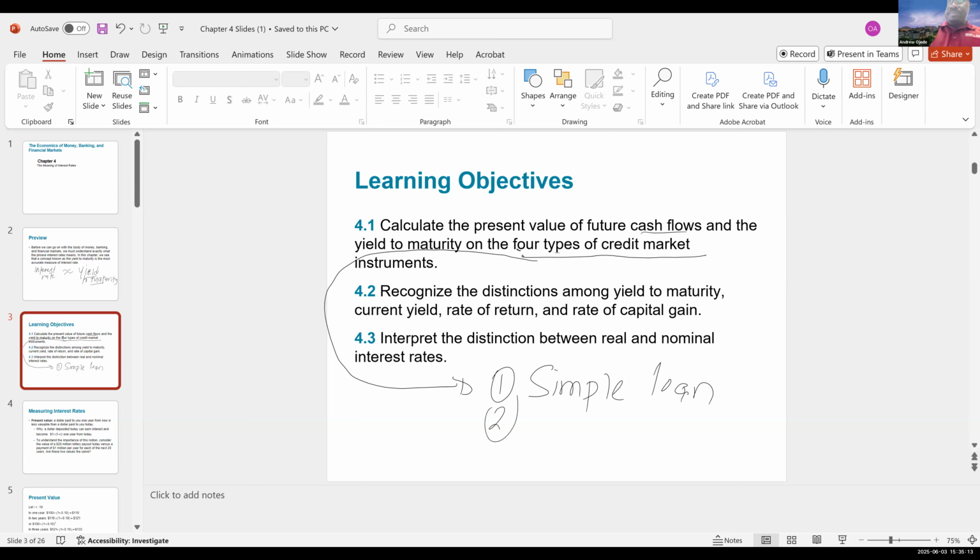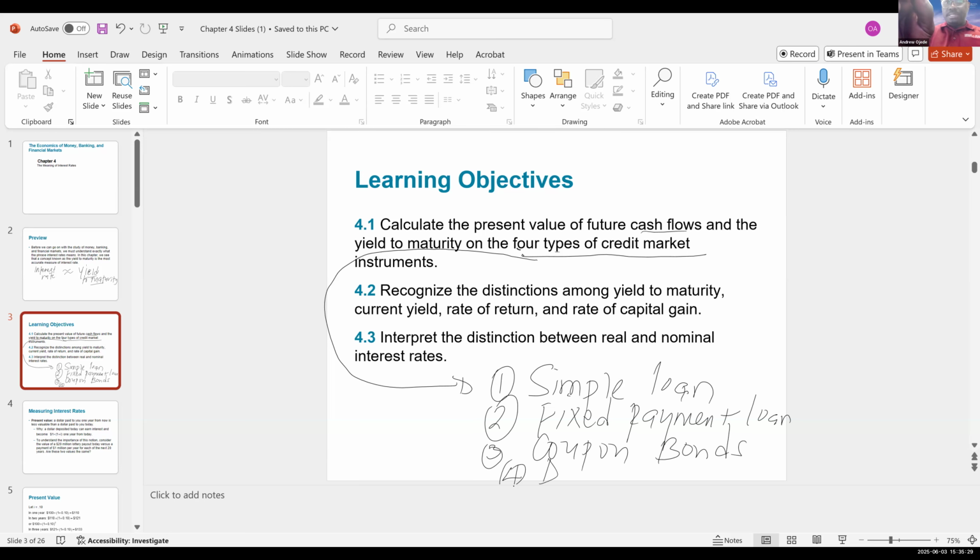Number 2, we're going to call a fixed payment loan. Then we're going to talk about coupon bonds. And number 4 is discount bonds.